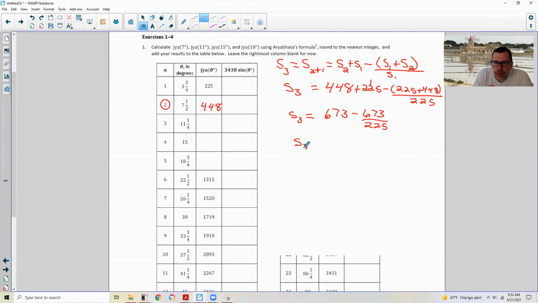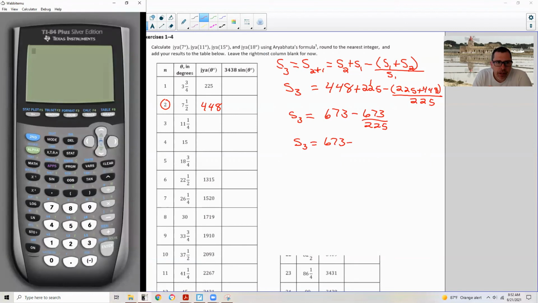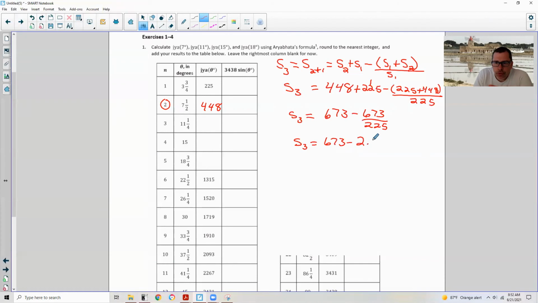So S sub 3 is going to equal 673 minus, and then I go to my calculator and put 673 divided by 225 and hit enter, and that's going to be 2.99 or 3. So S sub 3, because it said to round to the nearest integer, would be 670. So there's our S sub 3, which is JA 11.